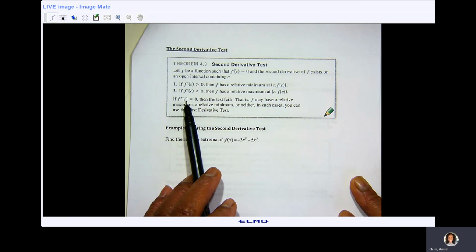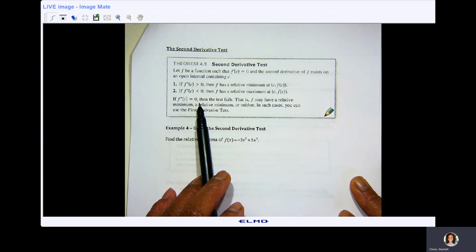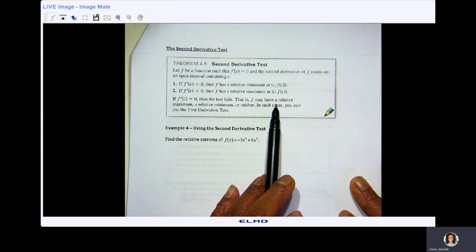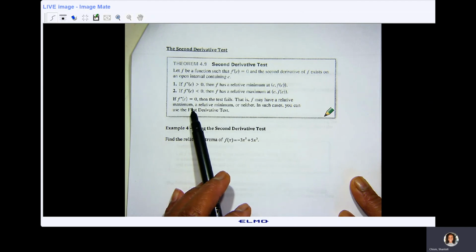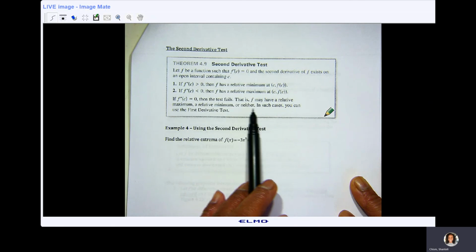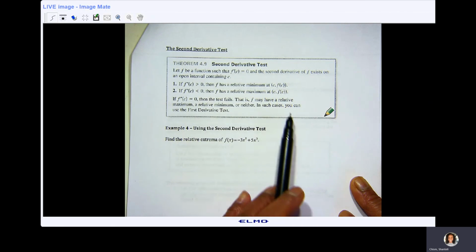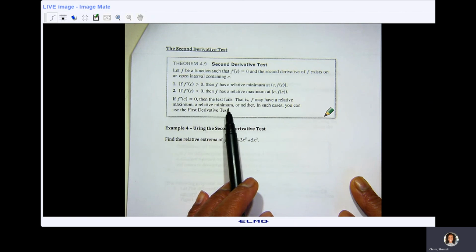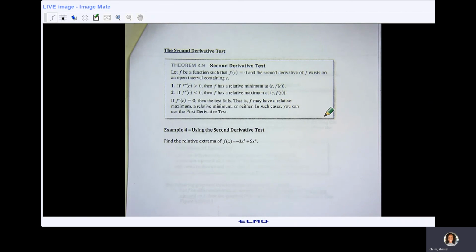And if f double prime at c is exactly 0, then the test fails. f could still have a relative max, a relative min, or neither. But in this case, you would have to use the first derivative test to determine it. Okay, so sometimes the second derivative test fails, and you may need the first derivative test. Okay?